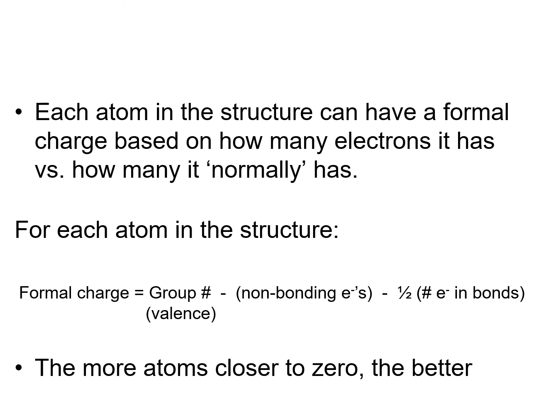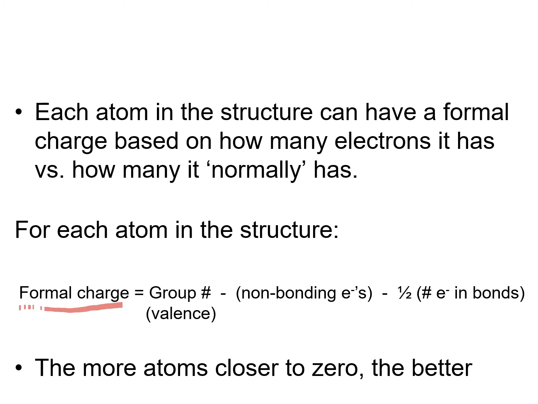So how we do this is that we look at each atom in the structure, and we assign each atom in the structure a formal charge based on how many electrons it has compared to how many it normally has. And here's the calculation for what we mean by that. So we're going to find the formal charge, and it's going to be based on the group number, which is essentially the valence number of electrons.